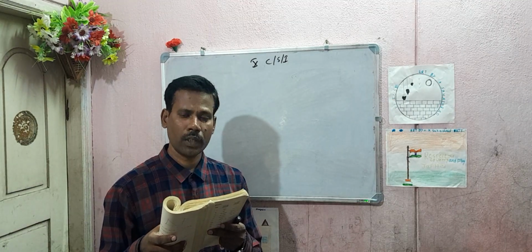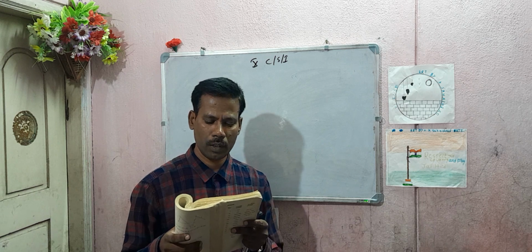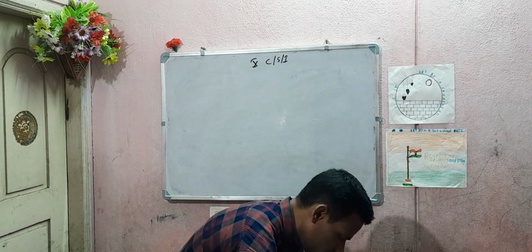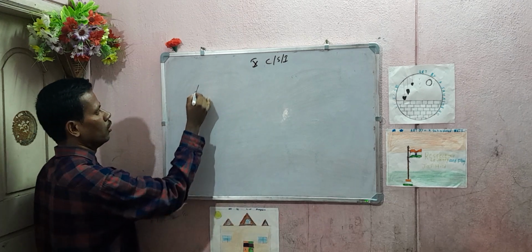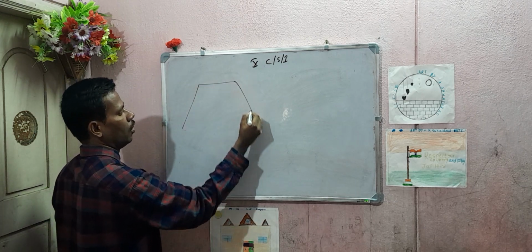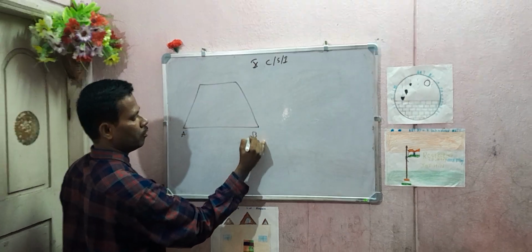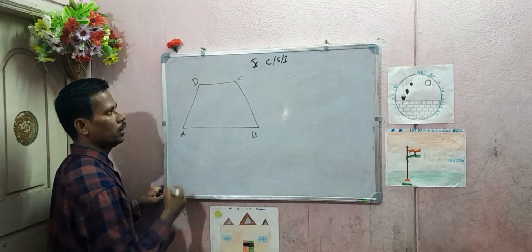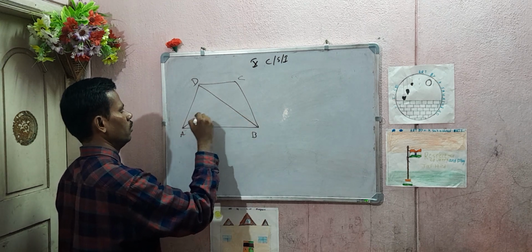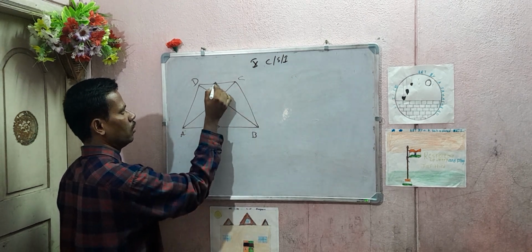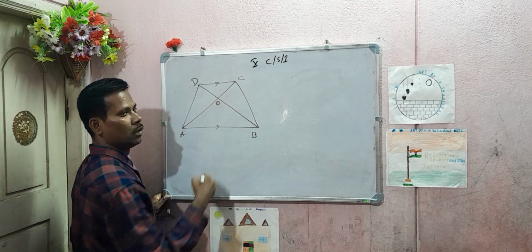Prove that the diagonals of a trapezium divide each other proportionally. Trapezium ABCD.